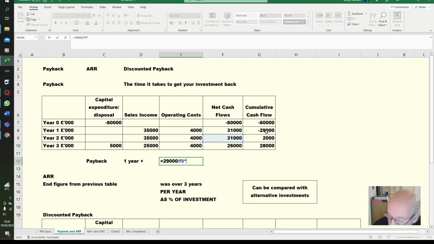And then if we times it by 12 we'll get the answer in months. It would be silly to try and do 365 or 52, the system's not that accurate.